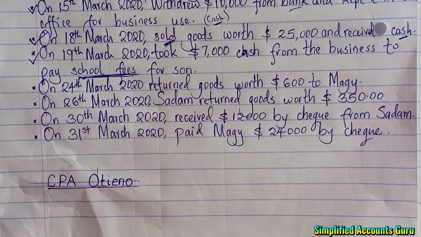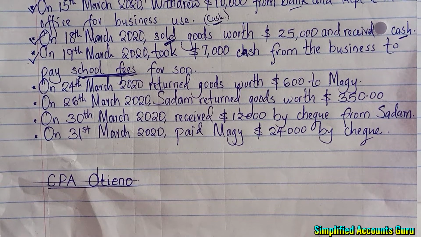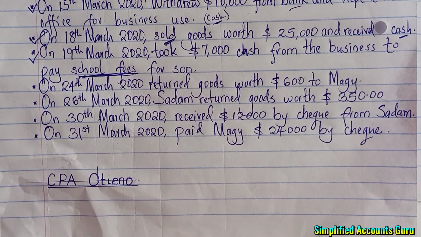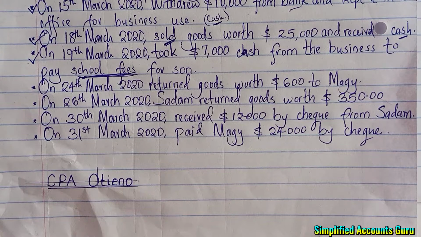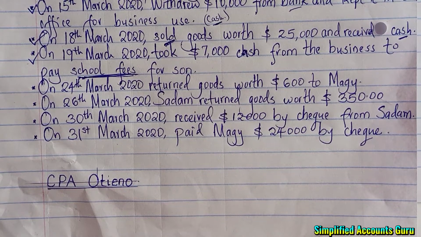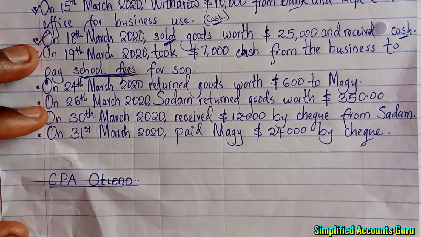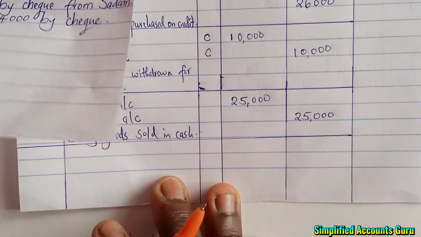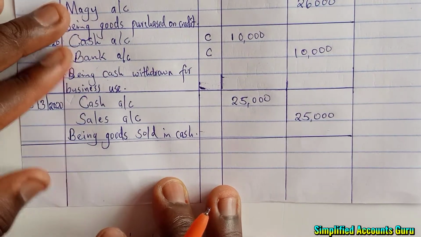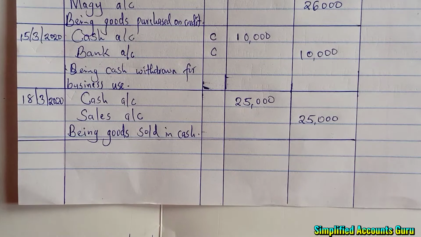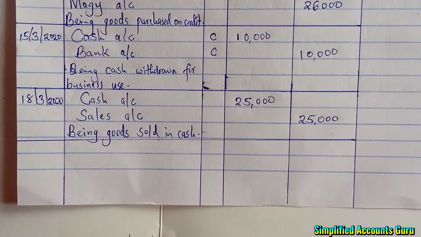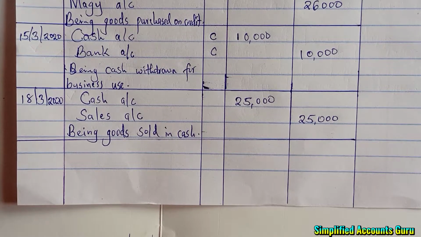We are going to have drawings account which will affect capital, and we are also going to have a cash account because money is being picked in form of cash. So here we'll have cash being reduced. When cash reduces, that is an asset being decreased. When an asset is being decreased, then we are supposed to credit it.